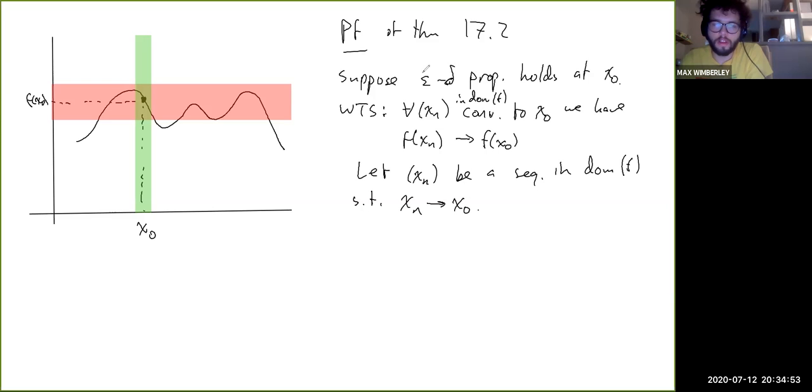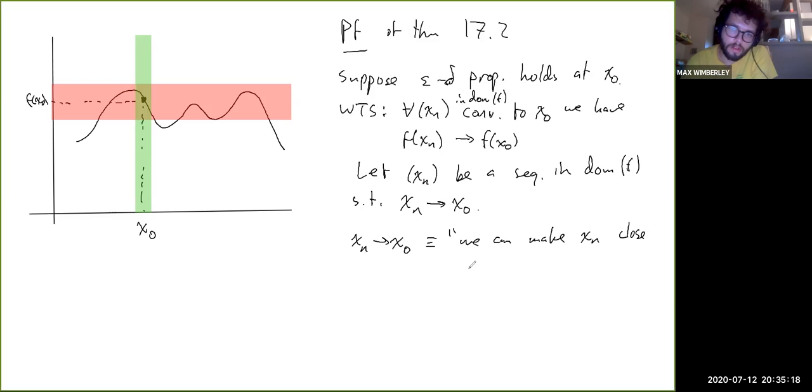So here's what we have to work with. We have the epsilon delta property, and we have that xn converges to x naught, which is, of course, vital, right? And I'm just going to state these things in words. xn approaching x naught is the same thing as saying we can make xn close to x naught by making n large, right?